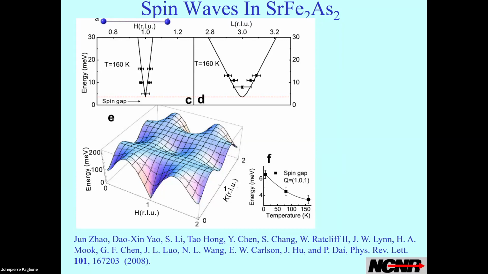So both the cuprates and the iron superconductors have magnetic energetics that are enormously large compared to the physics that's going on when it goes to the superconducting state.